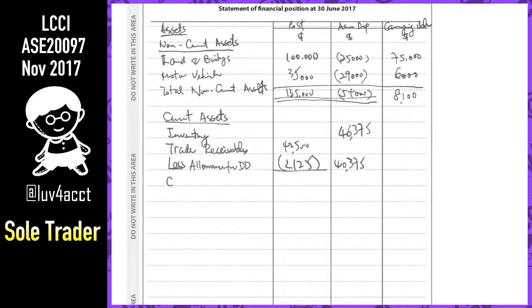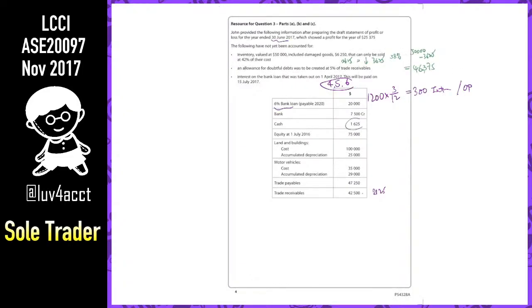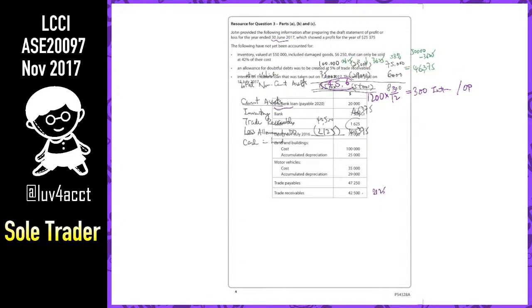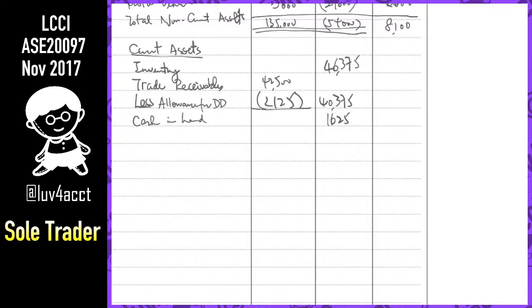We have cash at bank, cash in hand. You can also write cash and cash equivalent. And it is 1625. The three added together, 1625, 40375, 46375.